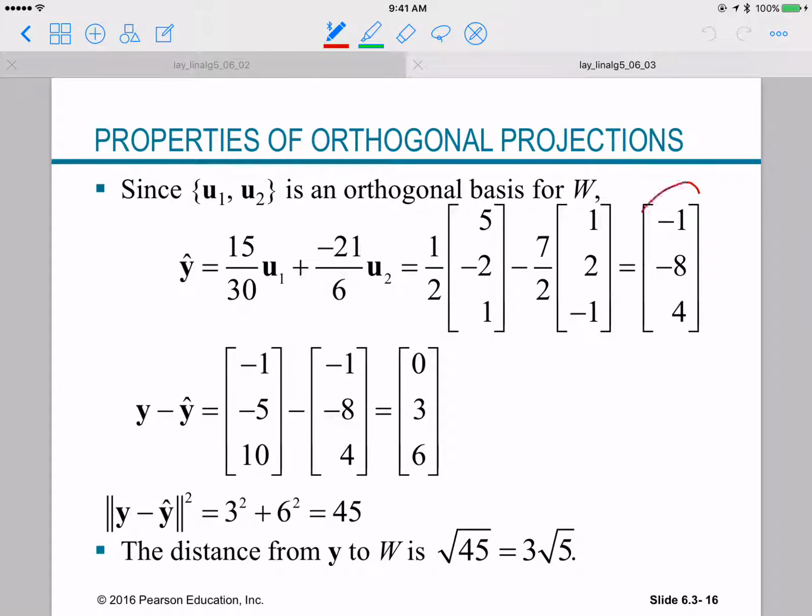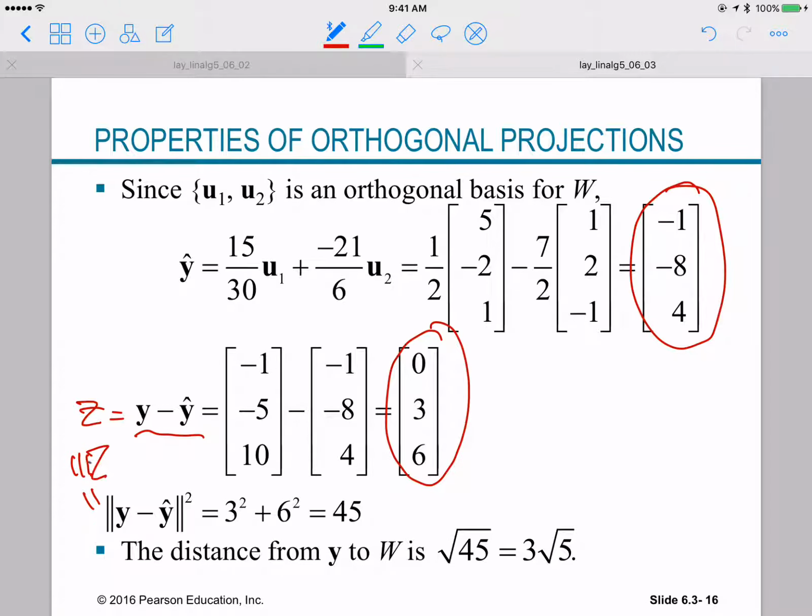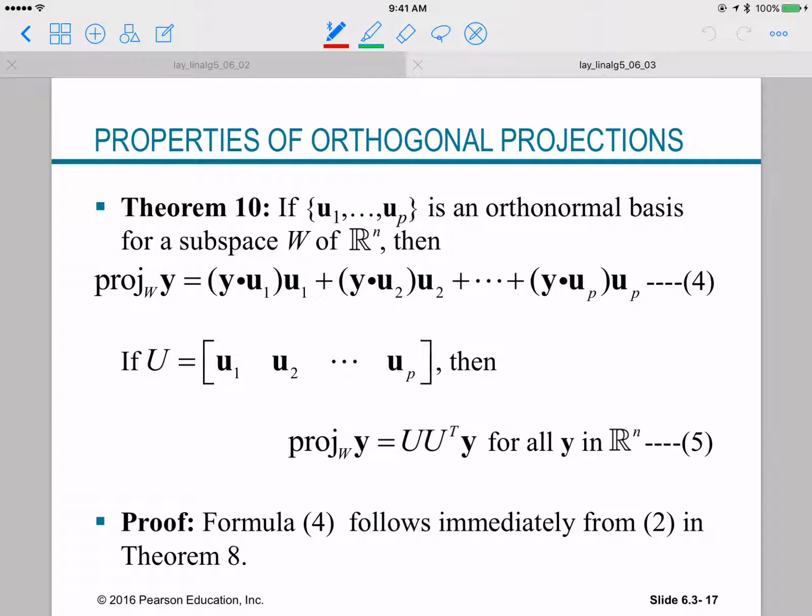By using the formula, we have this vector as the orthogonal projection. Then Y minus Y hat, which is our vector Z, will become this vector. And then the error, or the length of this vector, will be computed as this, right? And so the square root of it, or the length of vector Z, will be the same as this, 3 square root of 5. Any questions so far?